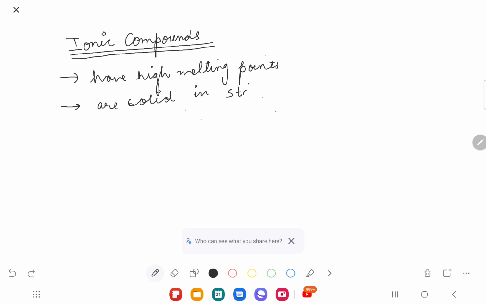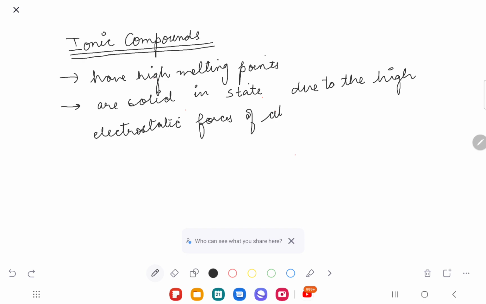Why are ionic compounds solid in state? Due to the high electrostatic forces of attraction. Yes or no?